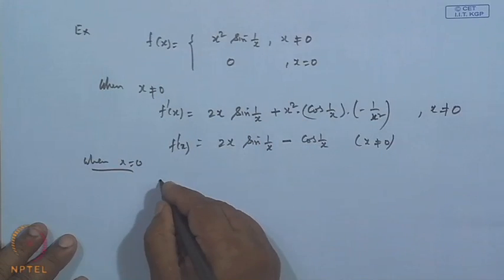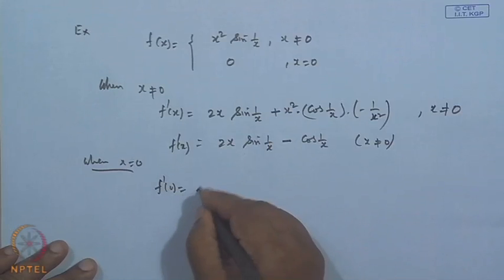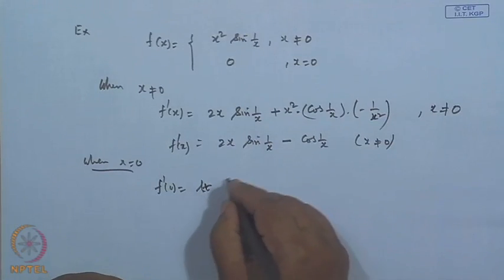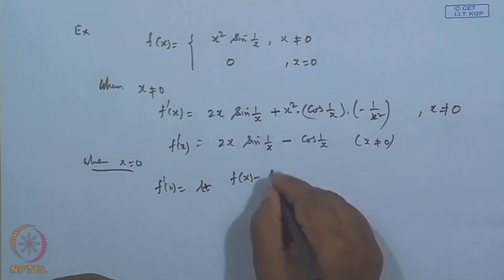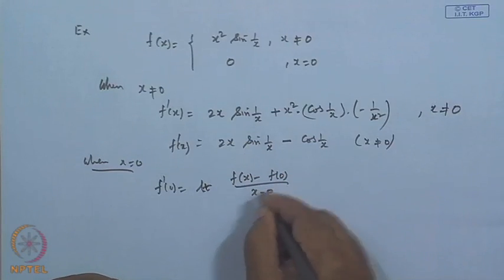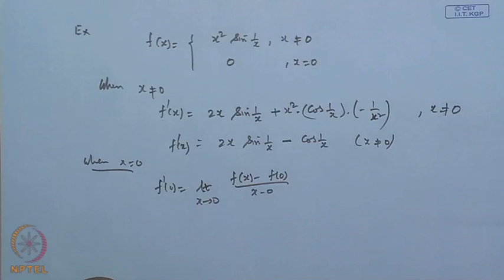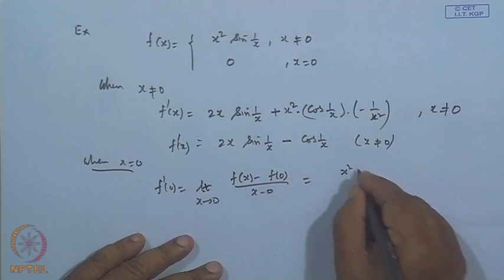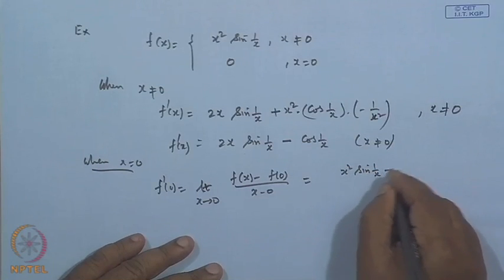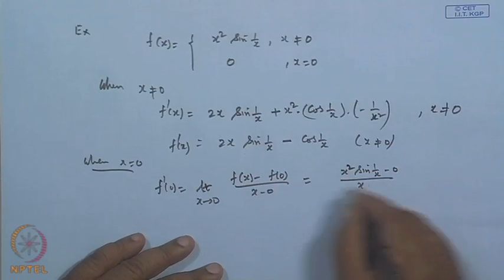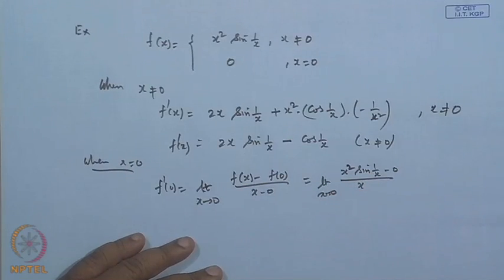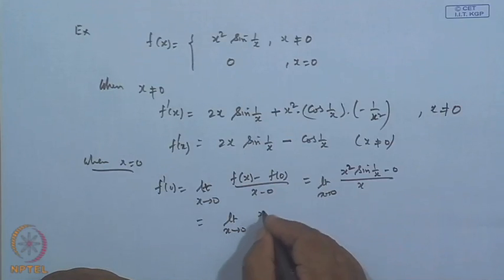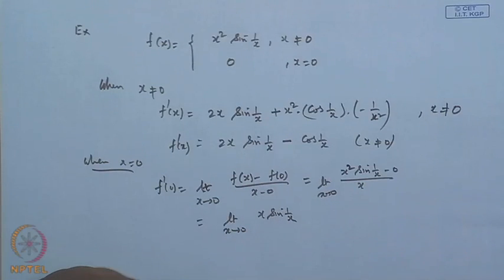So, find the derivative of this function at 0 by using the definition, that is, the limit of f x minus f 0 over x minus 0 as x tends to 0. Okay. And that comes out to be what? f x is x square sin 1 by x minus 0 divided by x when x tends to 0. So, that is equal to the limit as x tends to 0 of x sin 1 by x.